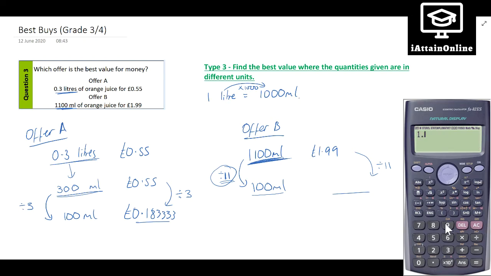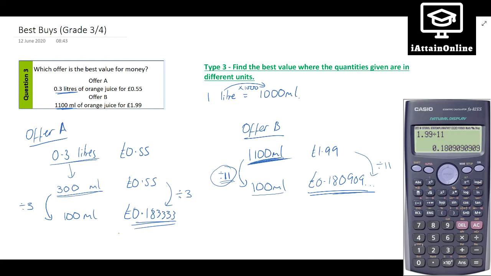So 1.99 divided by 11, and that gives me 0.180909 pounds. So this is an example of where the values are so close that you do need to go to an extra decimal place, because if both of these were just to 2 decimal places, they would both come out as 18 pence or 0.18 pounds.